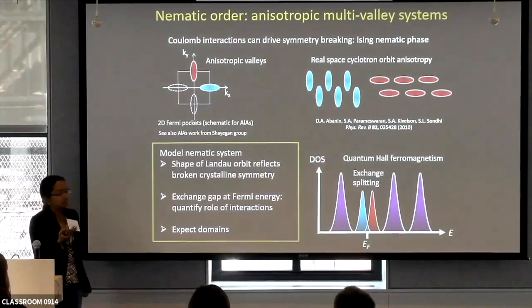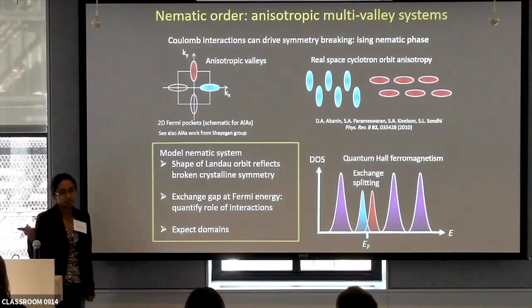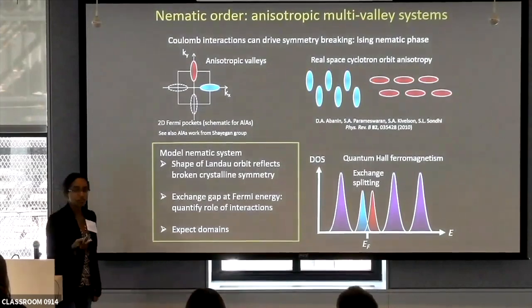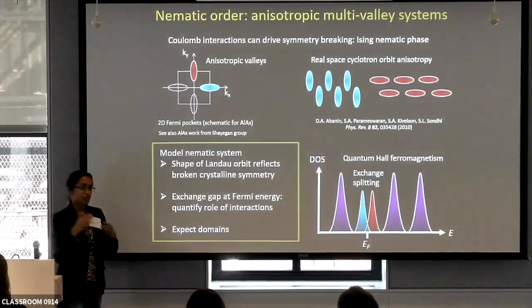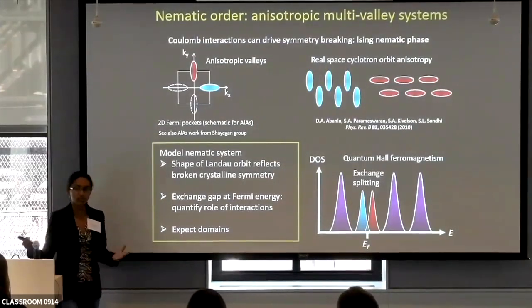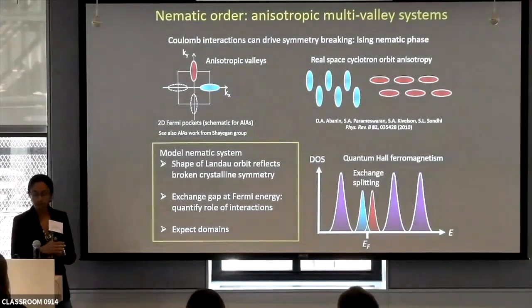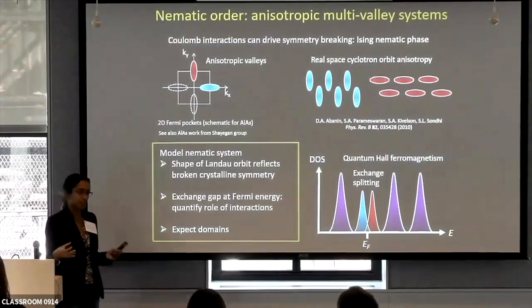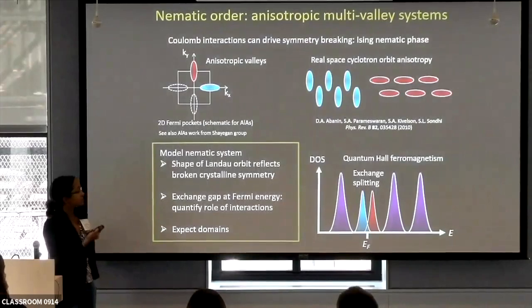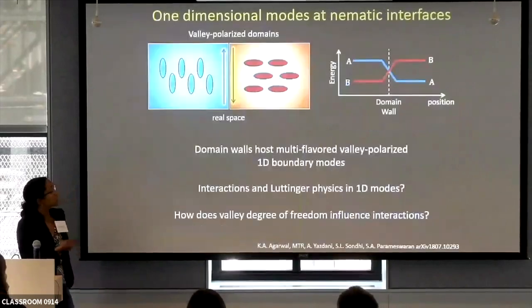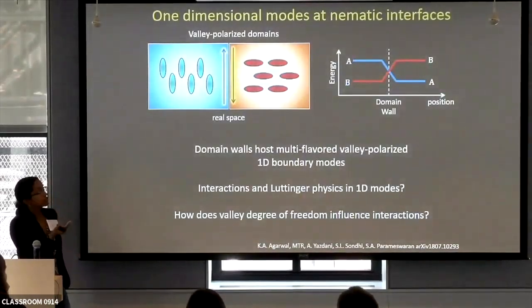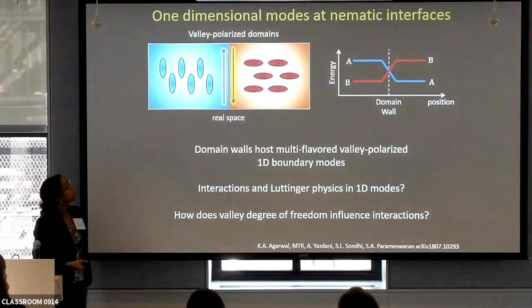Now in these systems, we also expect to have domains, and a lot of transport measurements typically use some small polarizing field to study macroscopic behavior along one direction to see this anisotropy. But in this case, by using local probes, we can really try to look for different regions with different domains, and furthermore study boundaries between different nematic regions.